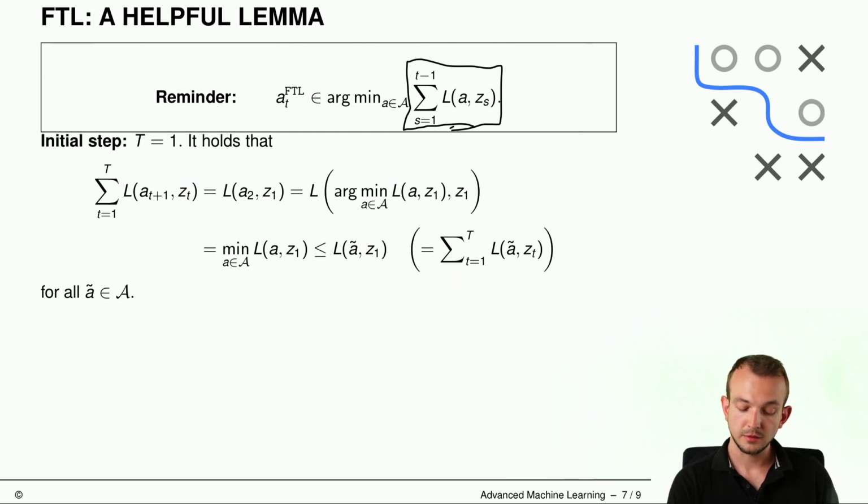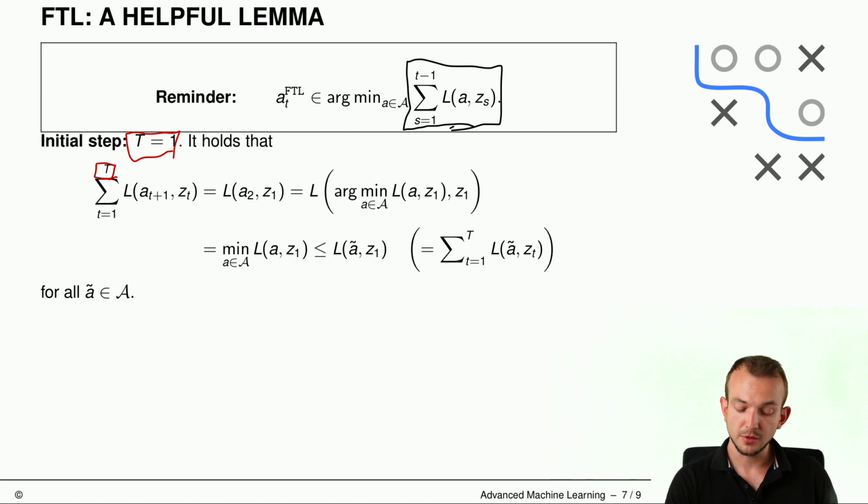Well, if t is equal 1, then this sum boils down to one summand, namely the one where the small t is equal 1. So we have here the loss suffered by the action taken in time step 2 for the environmental data point in time step 1.